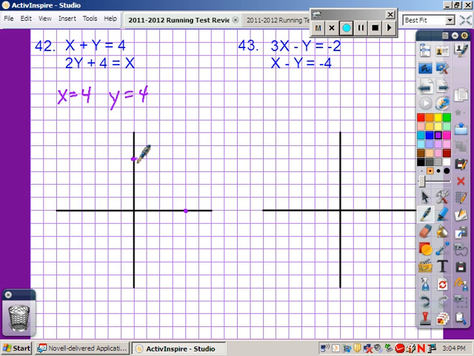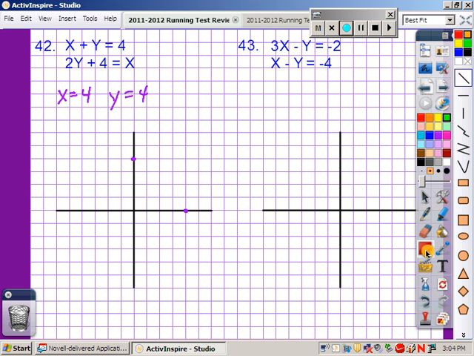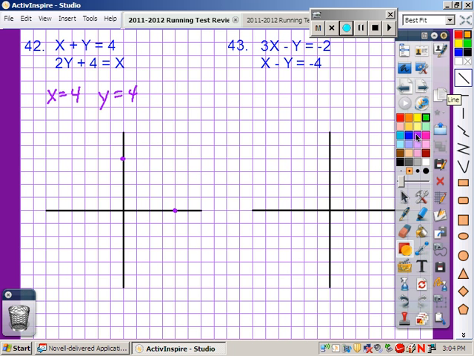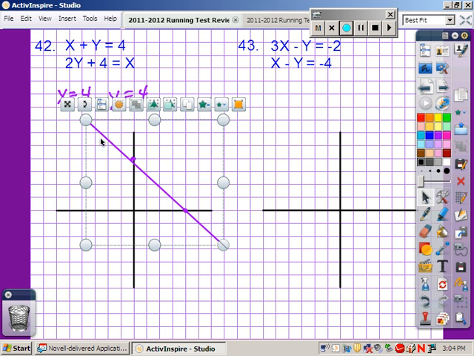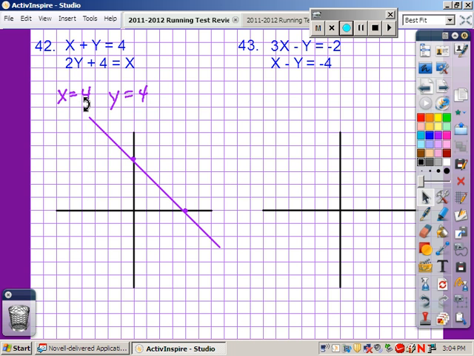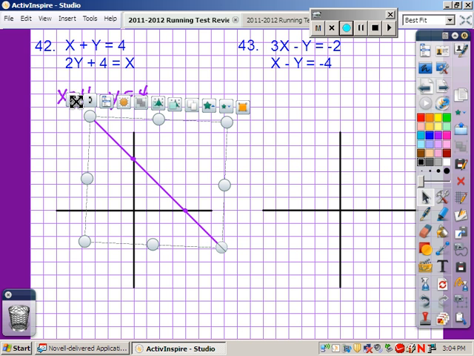And you can draw a line connecting the two. I might have to fix that one a little bit to angle it a little bit better. That's pretty good.